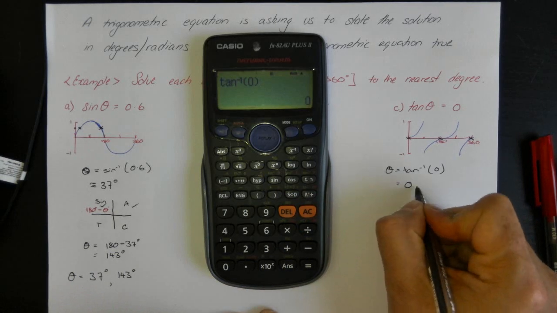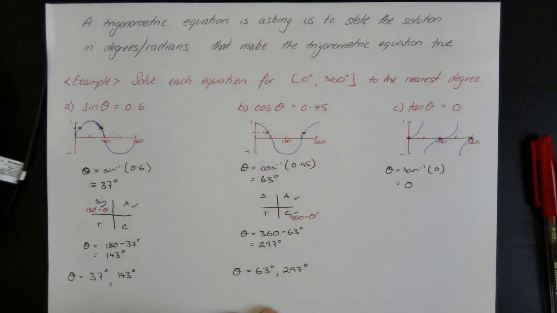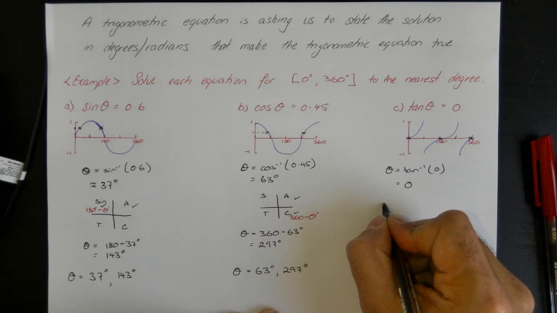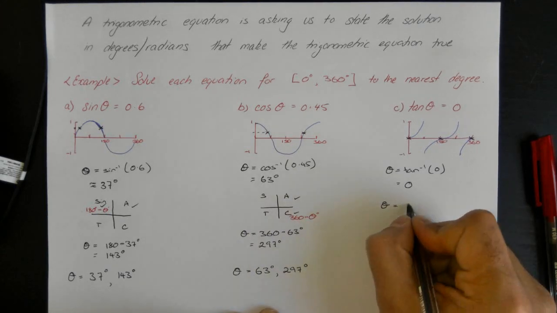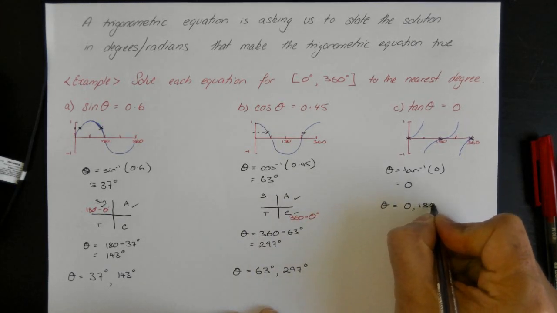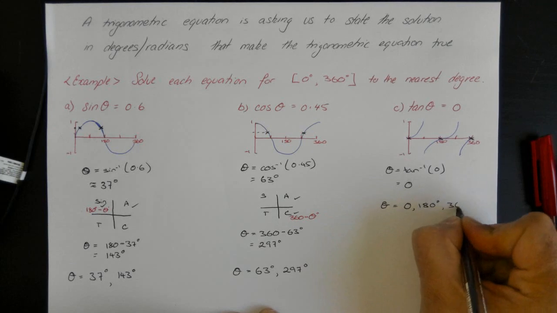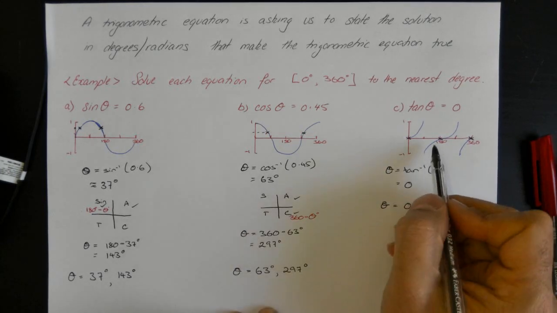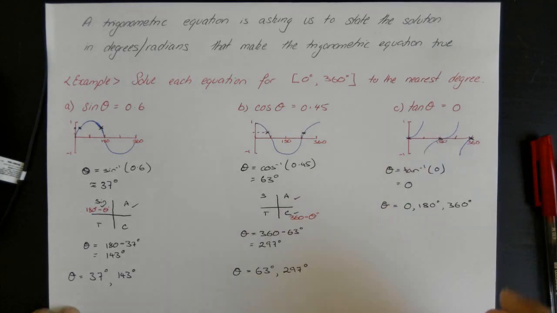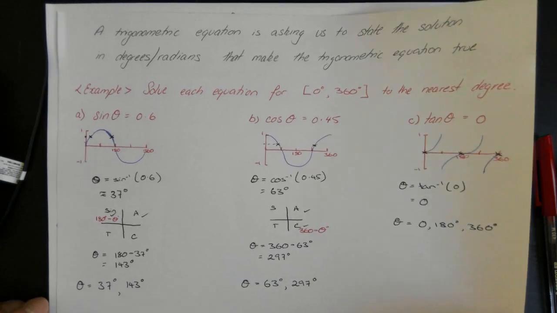Correct, right? But using our graph, we know that it also is 180 degrees and 360 degrees, because tan has a period of pi. Okay, there are the solutions.